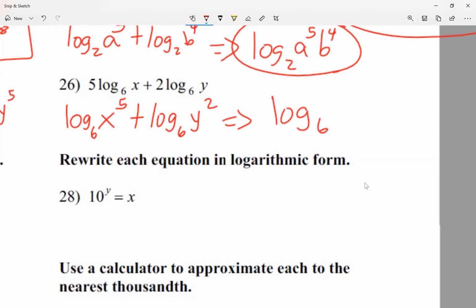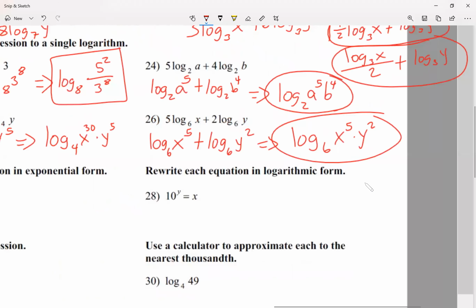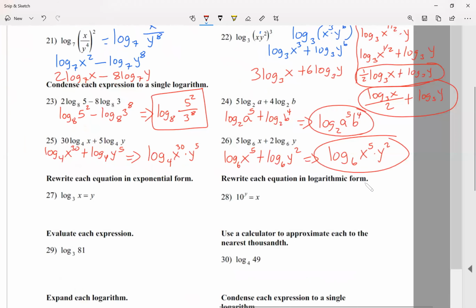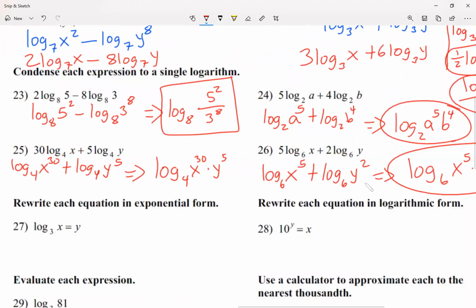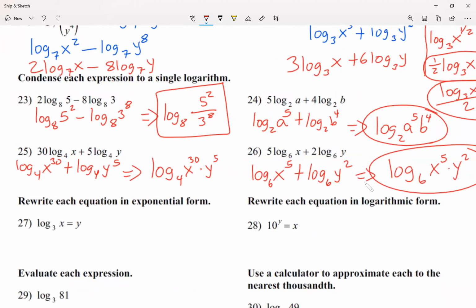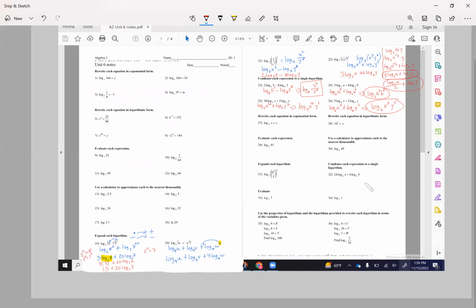So I could write x to the 5th times y to the 2nd, and to see if you're paying attention, I might write y to the 2nd times x to the 5th. Some of them do start with a minus in between. Remember 23, it was a minus, so that condenses to a division, a fraction. There you go.